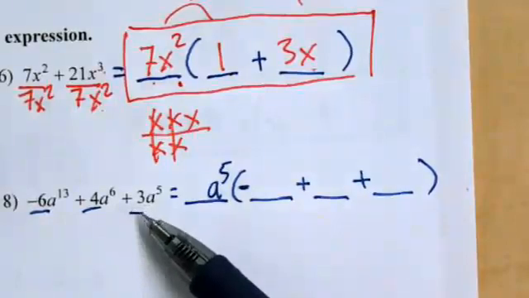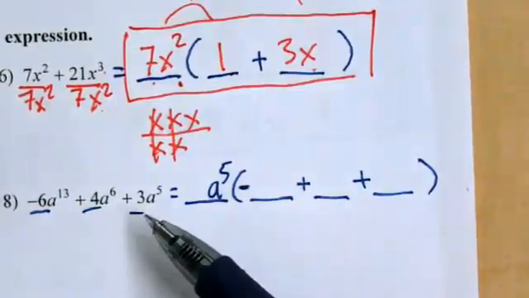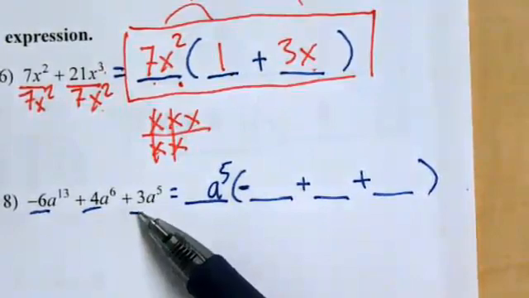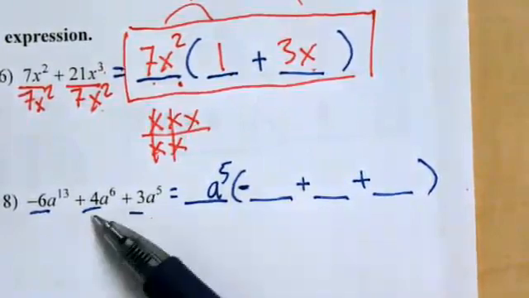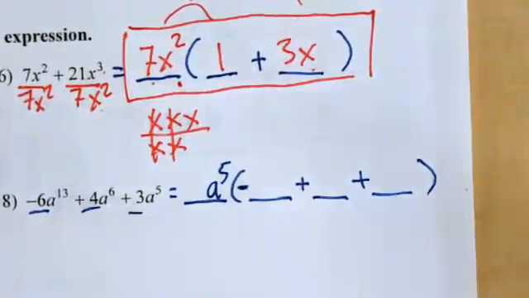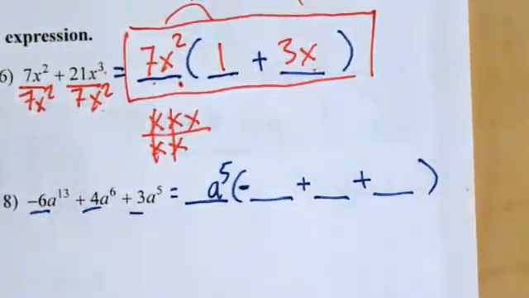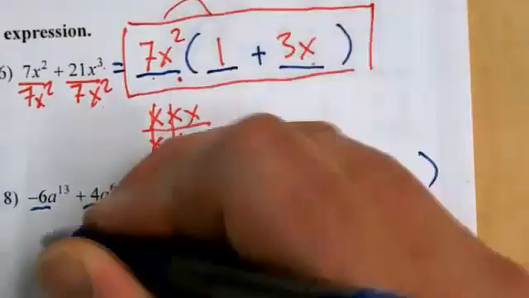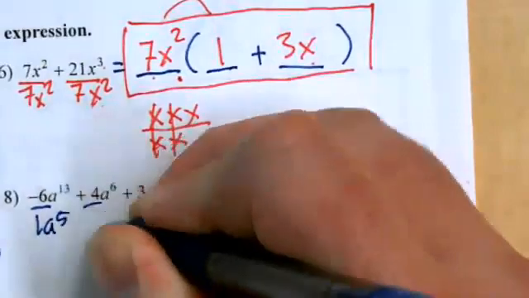All right, we want whole number answers though, integer answers. So you're right, 3 does divide by 2, but it's not an integer. What about 3? Oh, 4 doesn't divide by 3. Bummer. So I guess it's just 1. So we could write the 1 out here, or we could just write a to the 5th, but basically we're dividing by 1a to the 5th in each of these.